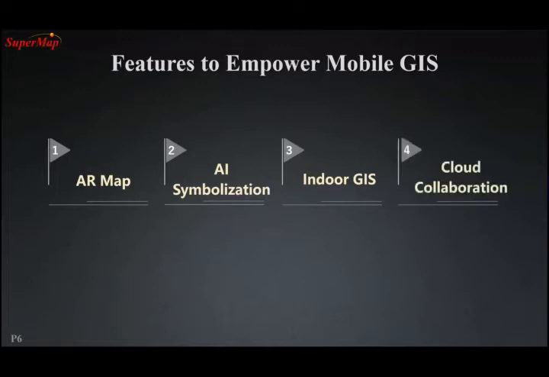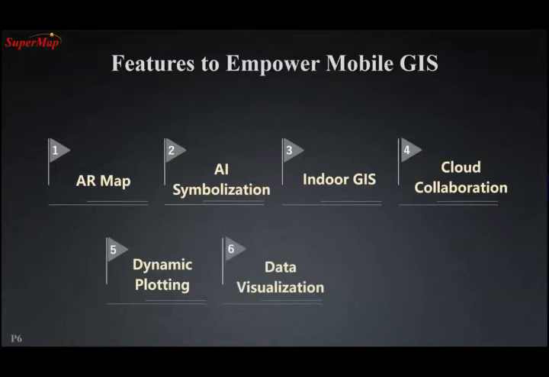When you collect the data, you can also upload it to the cloud, so we call it cloud collaboration. And also we have dynamic plotting. For the mobile application, you can also do some data analysis, so it's called data visualization. And the last part is data collection.